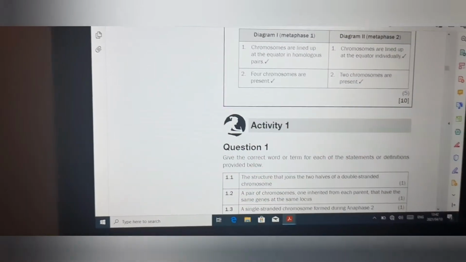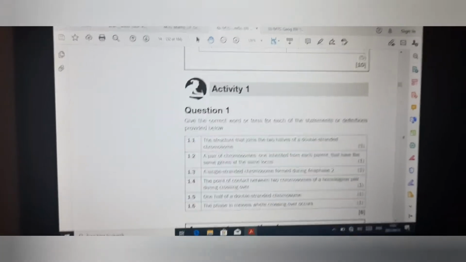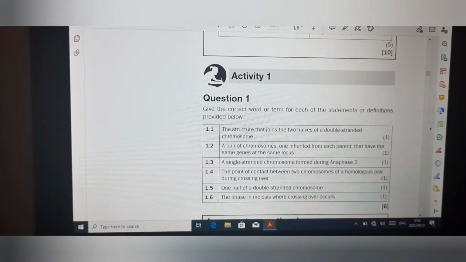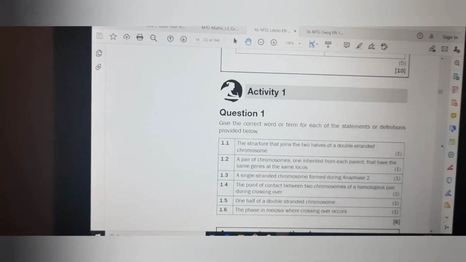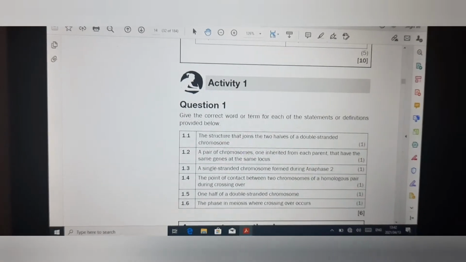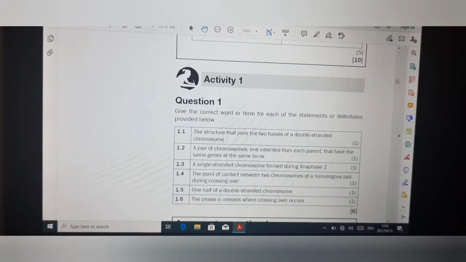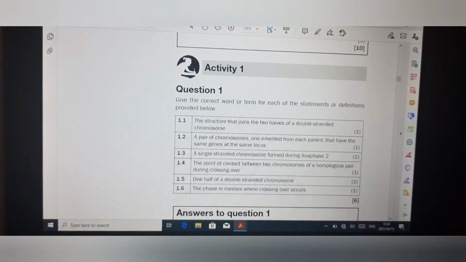So let's move on to the next activity. This is how they ask questions in your exams, so please pay attention to how we answer the questions here. For activity 1, question 1 says give the correct word or term for each of the statements or definitions provided below.